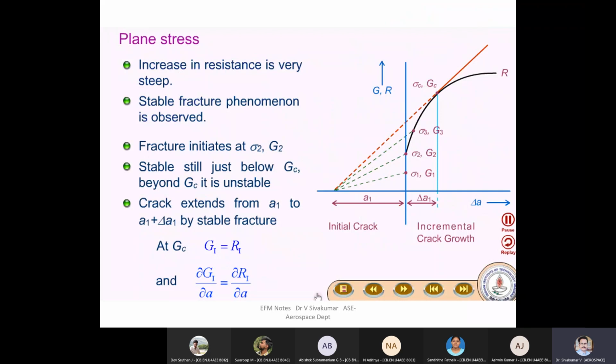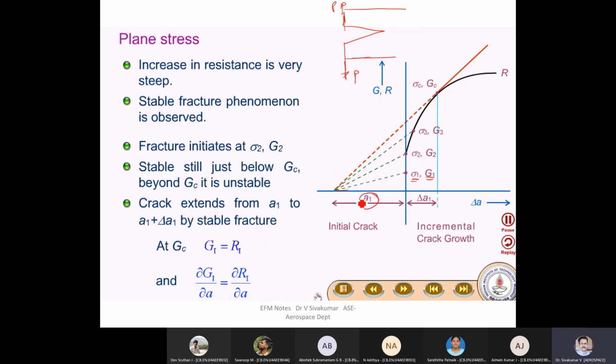Now, plane stress. Similarly, I have a crack length, so I have one load P. That particular P will give sigma and G1, but still that is within R, so no crack.